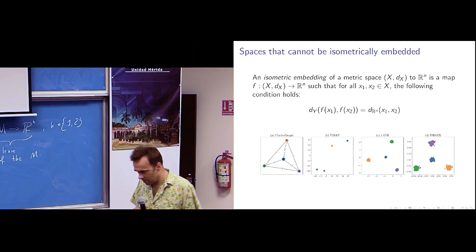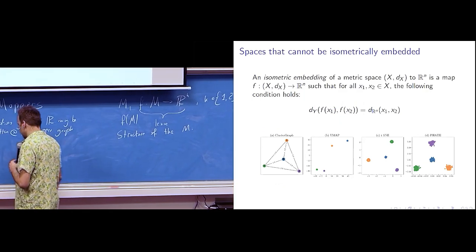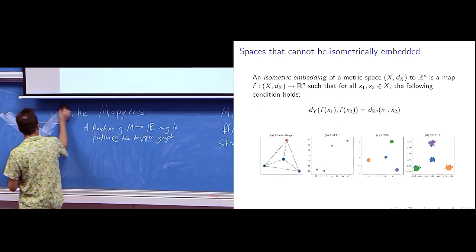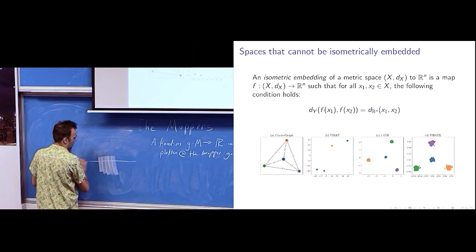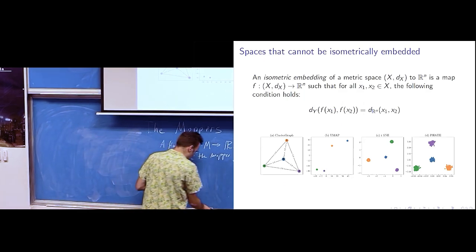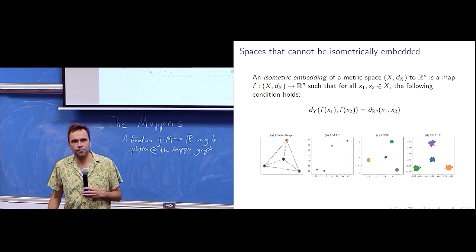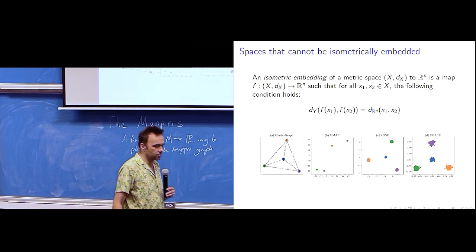And there's another one, namely, not necessarily all the data sets are easily embeddable into Euclidean space. Let me show you one very simple example of a metric space that you cannot isometrically embed into Euclidean space of any dimension.